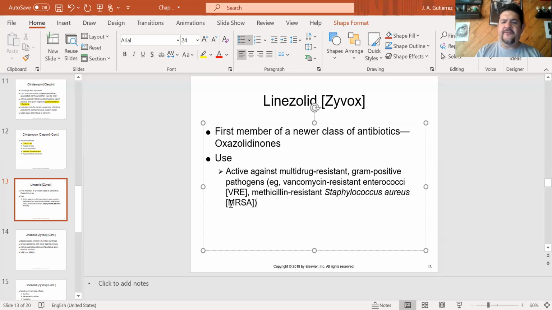So basically, it's used for MRSA infections and VRE infections. So here, if you notice, now we are adding infections that are already resistant to vancomycin. So that's when we use Linezolid.